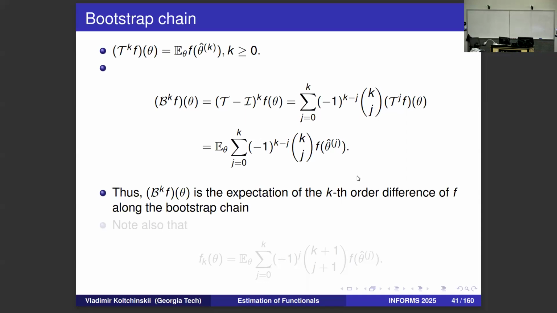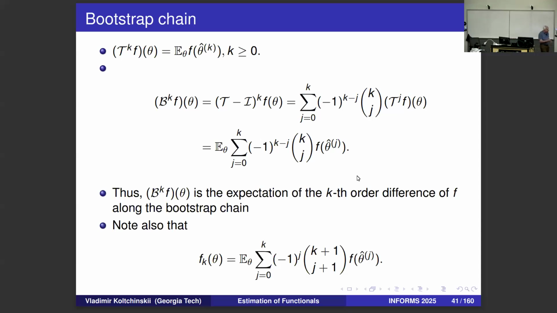We can also write, using very simple combinatorics, the function f_k of theta that gives us our estimator as expectation of this expression. This is not the way Hall and Martin explain this, but you can now use this formula in order to compute f_k of theta hat.